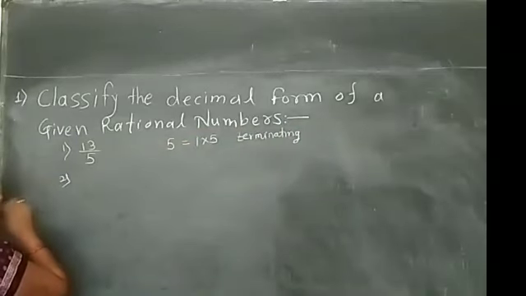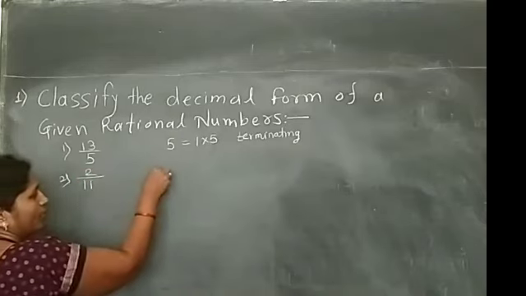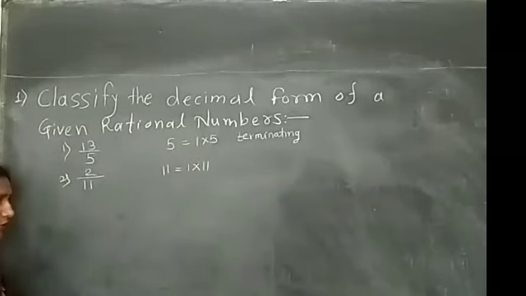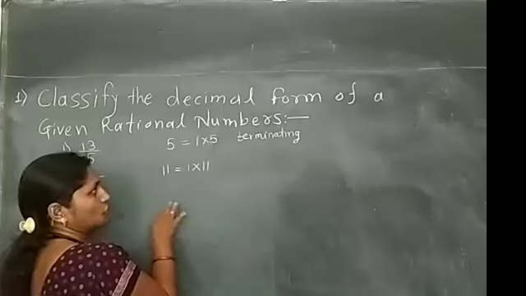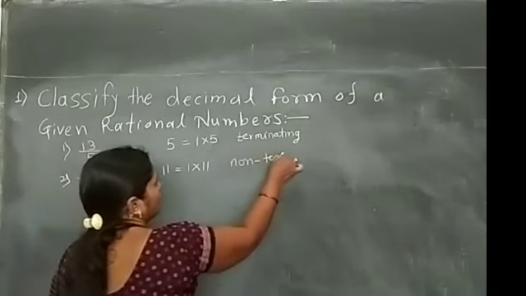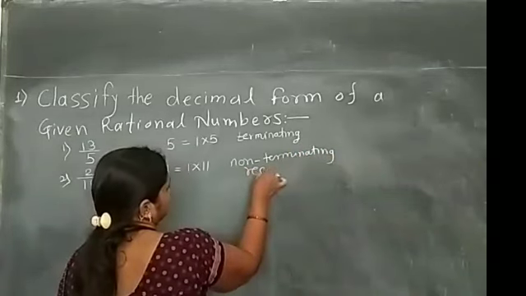Look at the second example, 2 upon 11. In the denominator 11, the prime factors are 1 into 11. These prime factors are not 2 or 5, so the decimal form is non-terminating recurring.